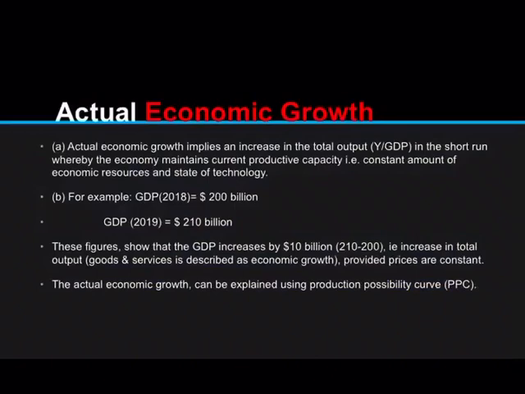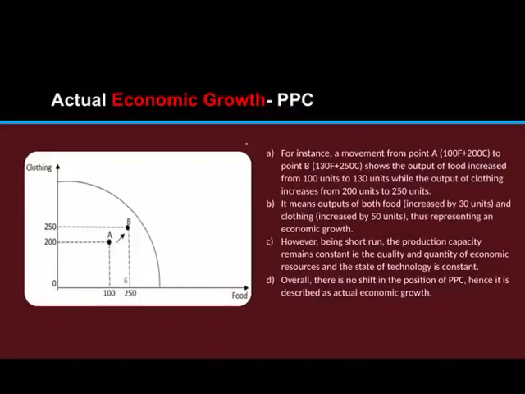Okay, this concept can be illustrated using the production possibility curve, which you studied in section 1. If you take a look at the production possibility curve, the y-axis represents clothing and the x-axis represents food, right?